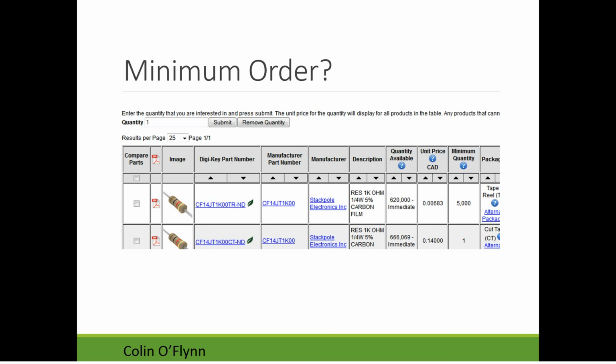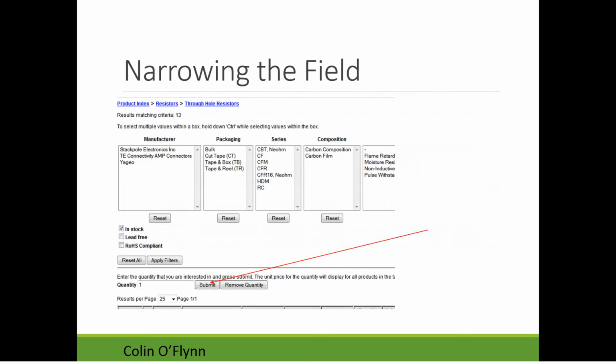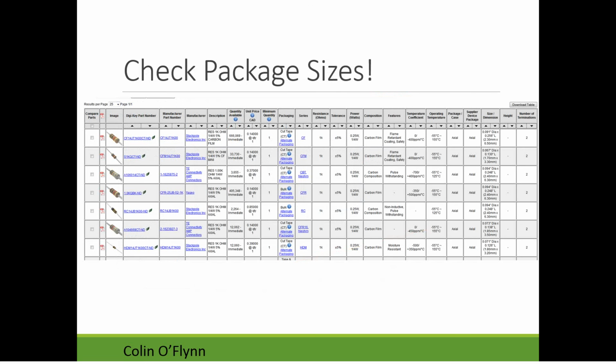The final thing we're going to do is enter the quantity that we want to order. By default, DigiKey is going to show you resistors that you have to order 5,000 of to even order any, which you don't want, I assume. Maybe you want 5,000. So we would just put quantity 1, hit submit, and then it's going to sort it based on ordering a single resistor. Now it's given us like 10 options to choose from.